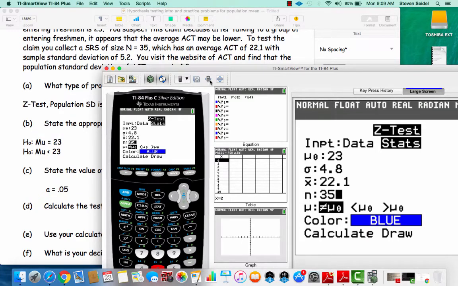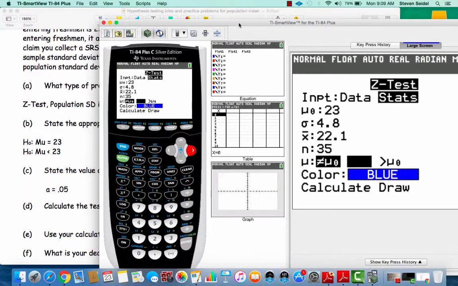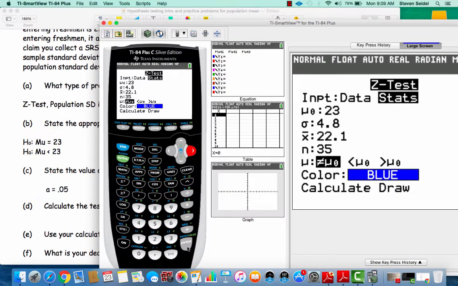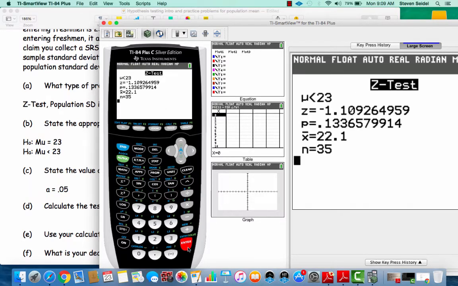We suspect, since this is a one-tail test, that it is less than 23, so we go less than mu sub naught. Then we're going to calculate. See what we get here.